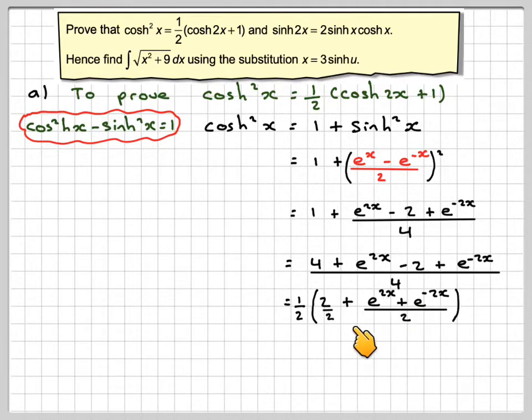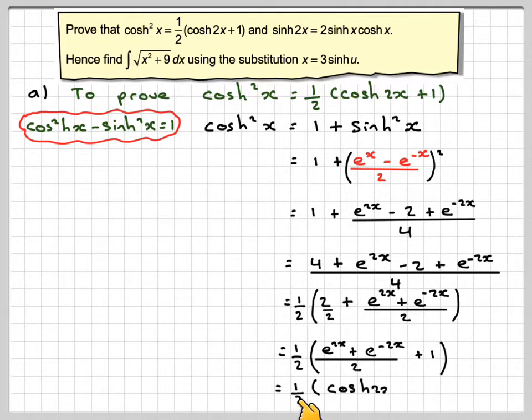So that now gives me a half of e to the 2x plus e to the minus 2x over 2, plus 2 over 2, which is 1. That gives me what I want, because this is cos 2x. So we've got a half cos 2x plus 1.